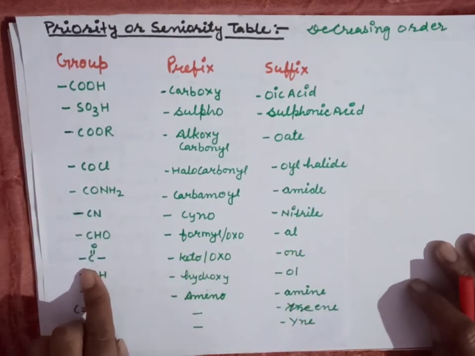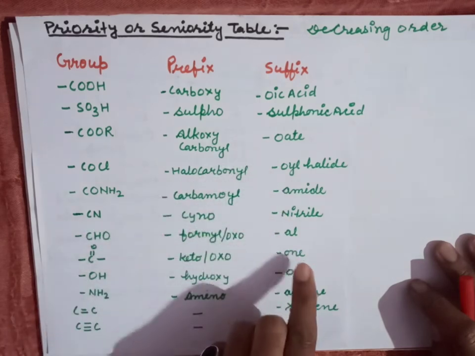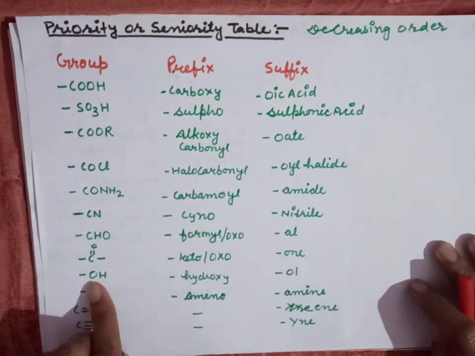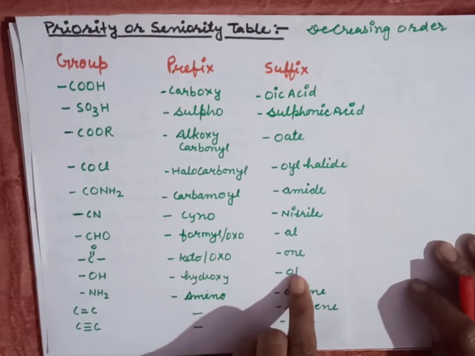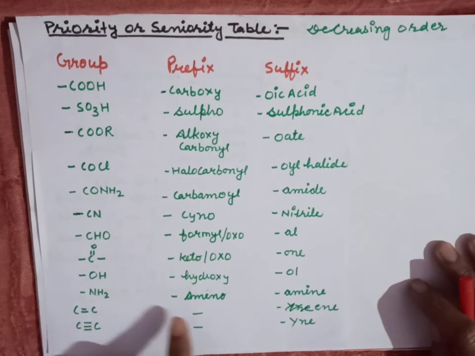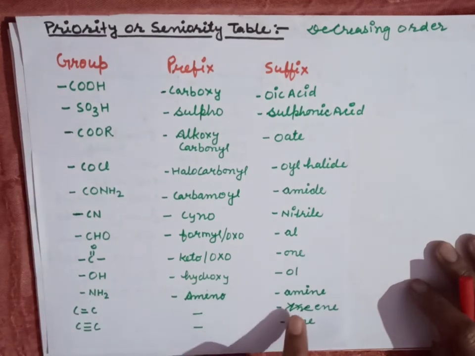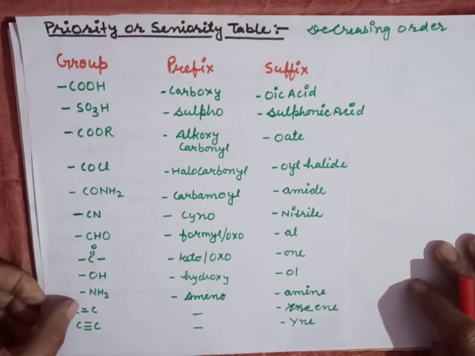Next one is ketone. As a prefix it is keto or oxo, as a suffix it is one. Hydroxy, this is alcohol, as a prefix hydroxy, as a suffix ol. Next one is amine, as a prefix amino and as a suffix amine. Children, here are given double bond and triple bond.